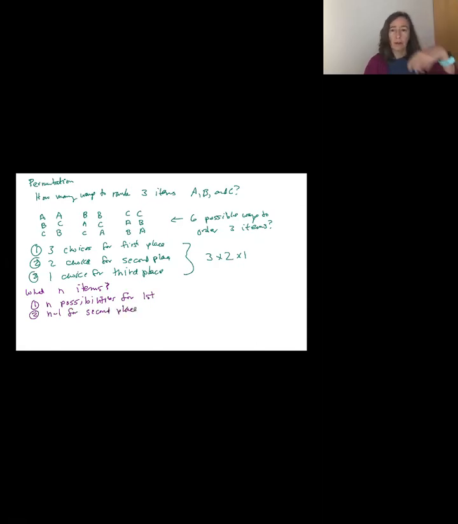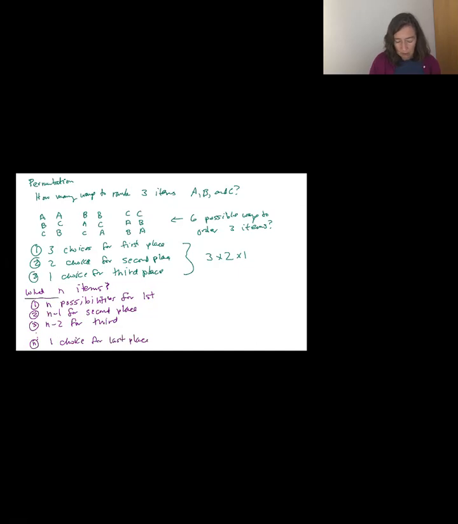So we've got our first place chosen, we've got our second place chosen. Now we're trying to figure out what's in third place. Well, we've got n minus 2 left for that. And you're starting to see the pattern here, all the way down to, for each successive place, we've got 1 fewer items to choose from until we have step n, which would be 1 choice for last place.